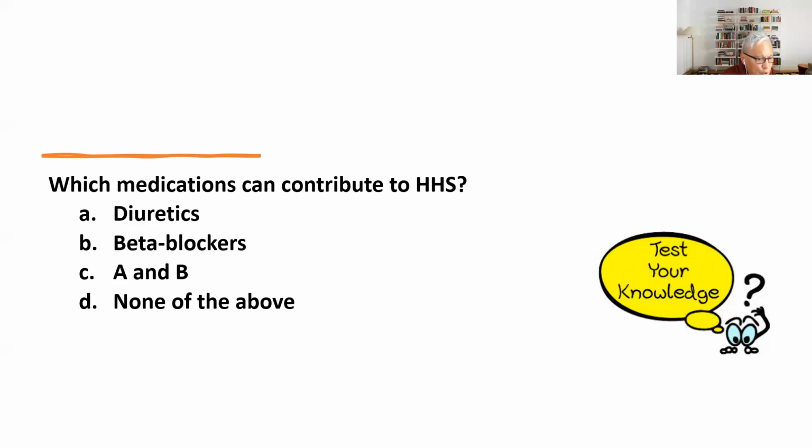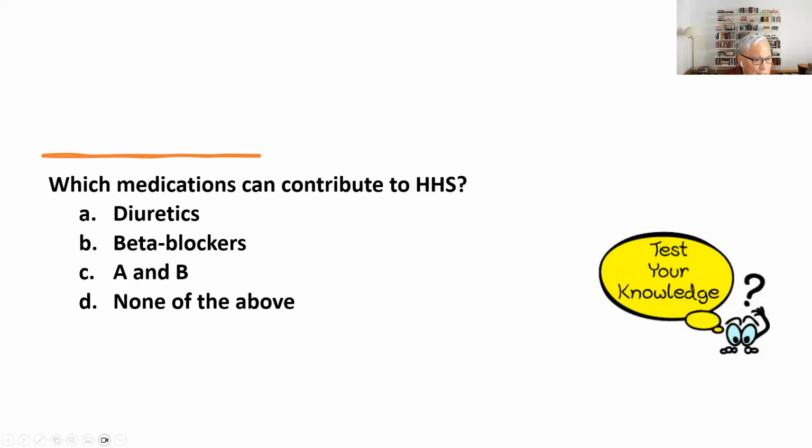All right, I put this question here so that I will not forget to discuss it. But the correct answer is letter C, both A and B. I wanted to tell you that these medications, beta blockers as well as diuretics, inhibit insulin secretion. And that is why we have to be very cautious with the use of thiazide diuretics in particular.